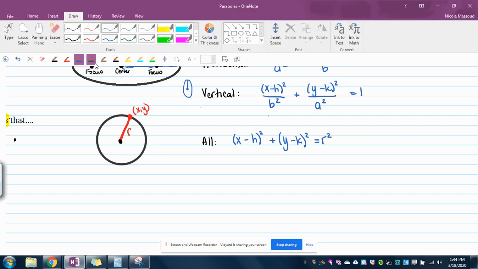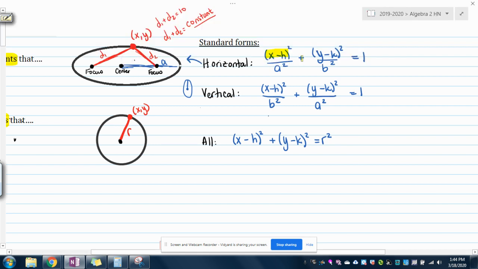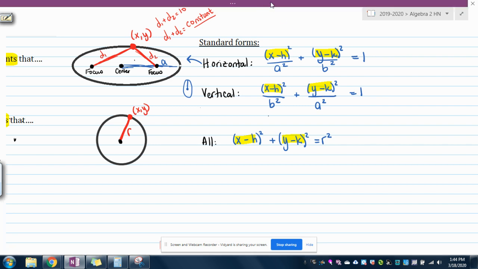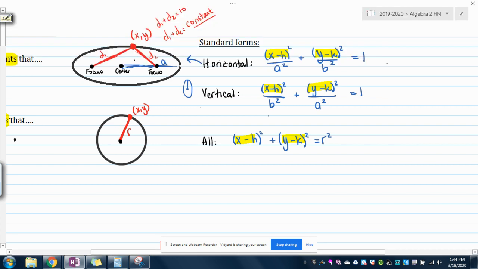Please notice all three of them have x minus h, y minus k, where h, k is your center. So for all three of these, h, k is my center. The only one where this differs is parabolas, where h, k is my vertex, which we've done before in the past.